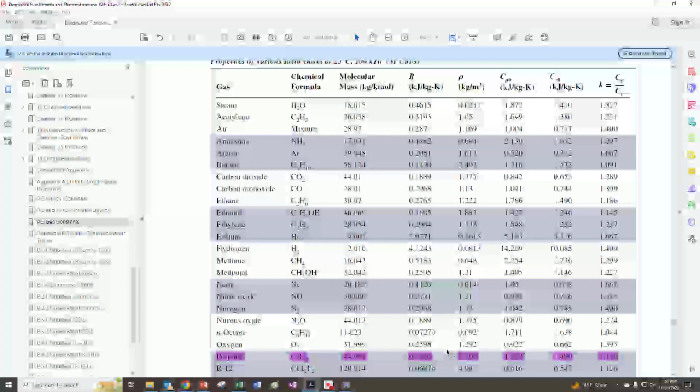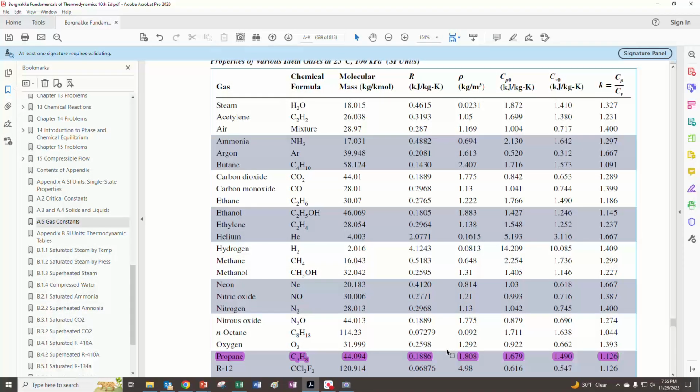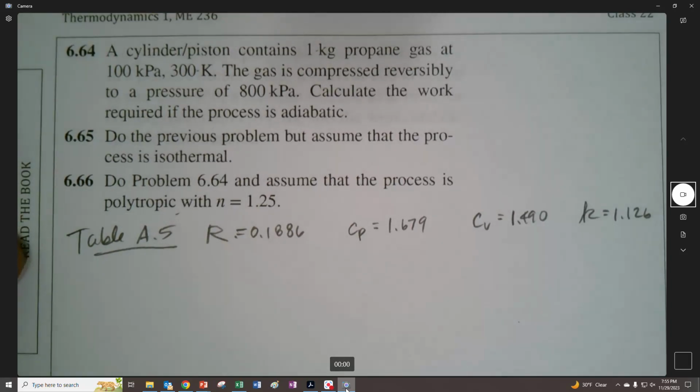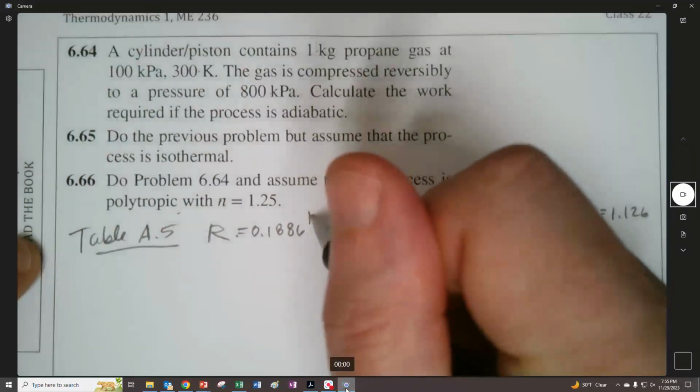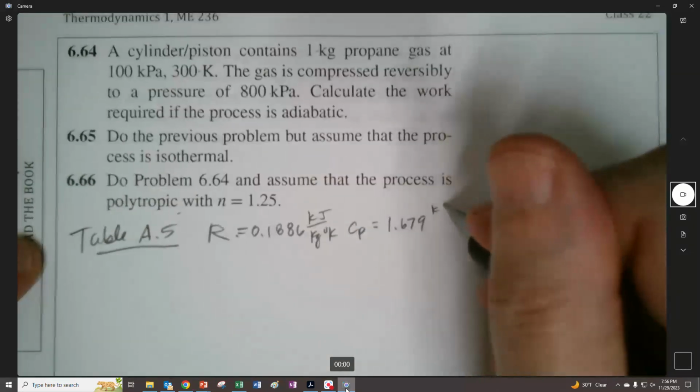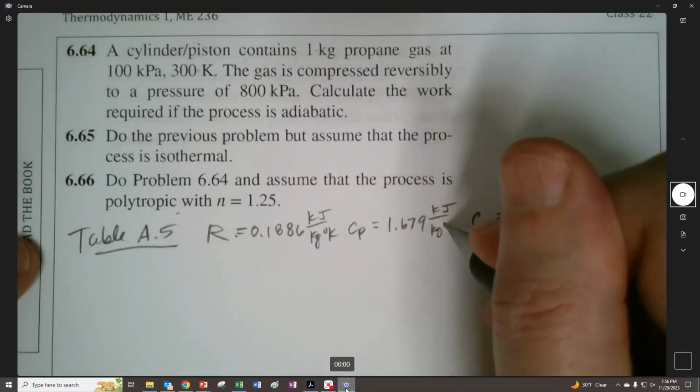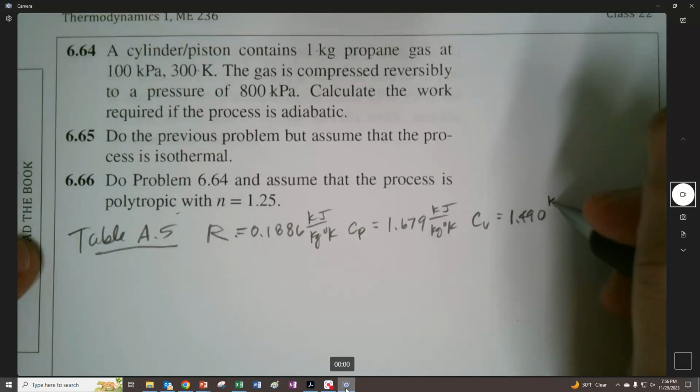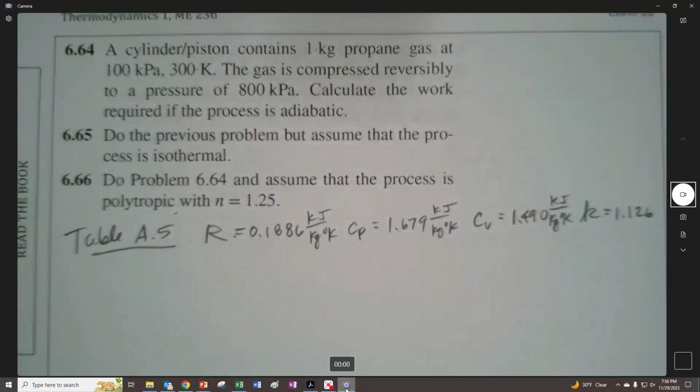Cv 1.490, and there's a k, and I think we do need it for this one. I should put units on everything to be complete.